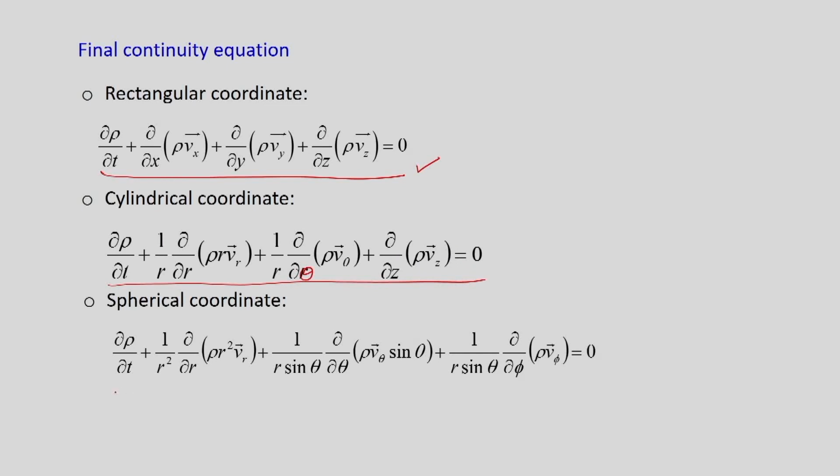Similarly, in spherical coordinates, the continuity equation is dou rho by dou t plus 1 by r square dou by dou r of rho r square v r plus 1 by r sin theta dou by dou theta of rho v theta sin theta plus 1 by r sin theta dou by dou phi of rho v phi is equal to 0.